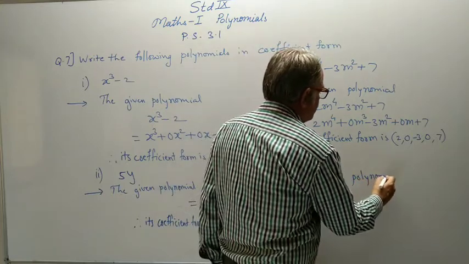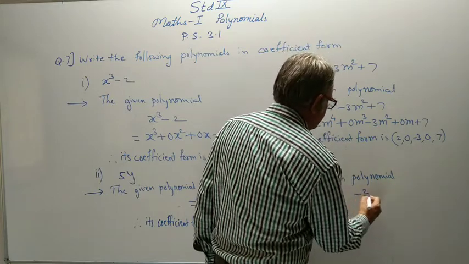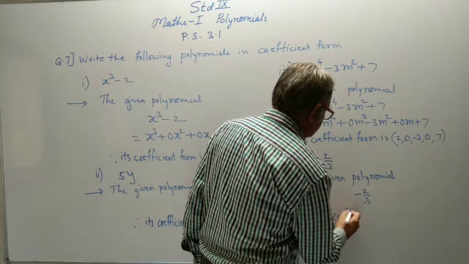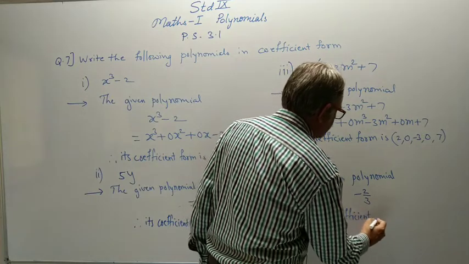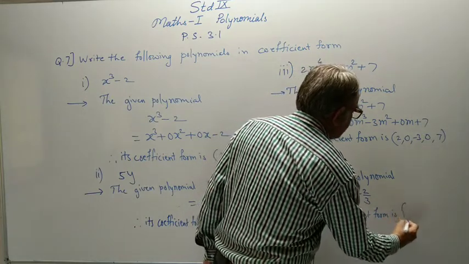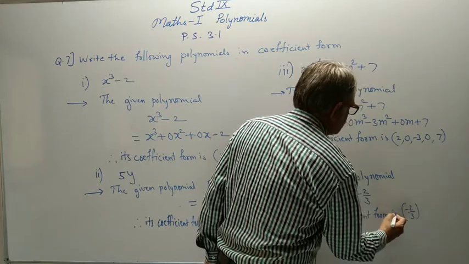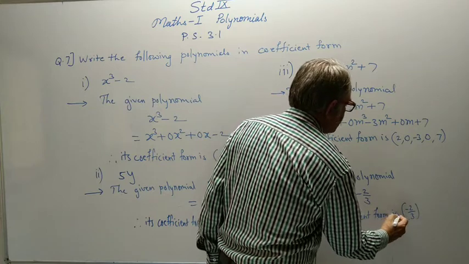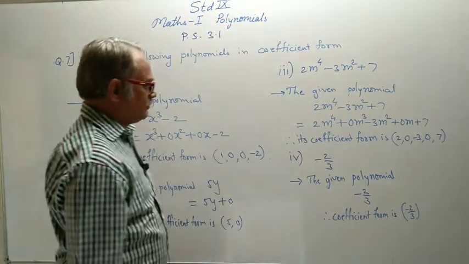Therefore the coefficient form, when it is constant, there is only one coefficient. The coefficient form is in bracket minus 2 by 3. Coefficients are always written in a bracket in coefficient form. Then there may be 1, there may be 5 coefficients.